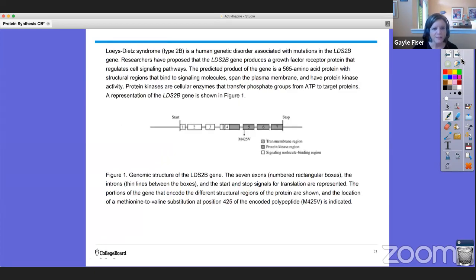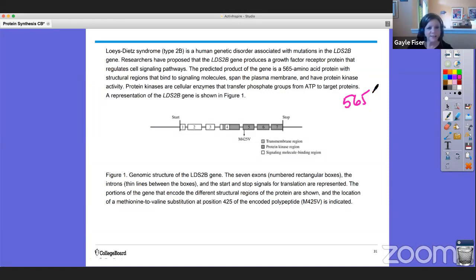All right, so Loeys-Dietz syndrome, type 2B, is a human genetic disorder associated with mutations in the LDS2B gene. Researchers have proposed that the LDS2B gene produces a growth factor receptor protein that regulates cell signaling pathways. The predicted product of the gene is a 565 amino acid protein with structural regions that bind to signaling molecules, span the plasma membrane, and have protein kinase activity.